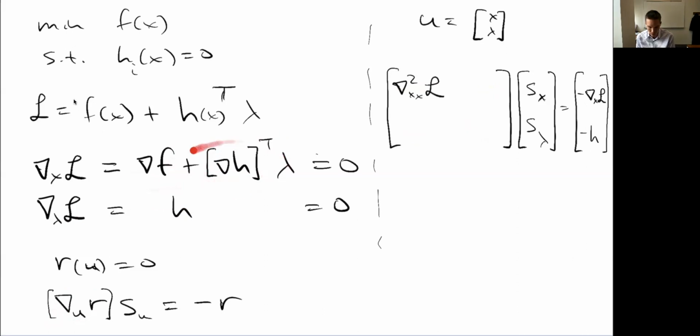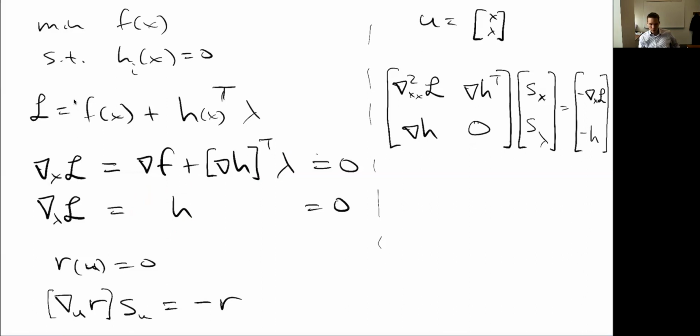Now the derivative with respect to lambda is just this term there, gradient of H transpose. And then the derivative of this one with respect to X is just going to be the gradient of H. And then the gradient of this with respect to lambda, that's this corner here, is just 0, it doesn't have any dependence on lambda. Okay, so that tells me what to do at each iteration.